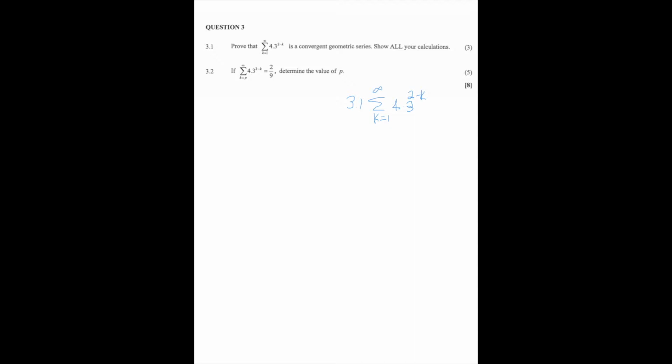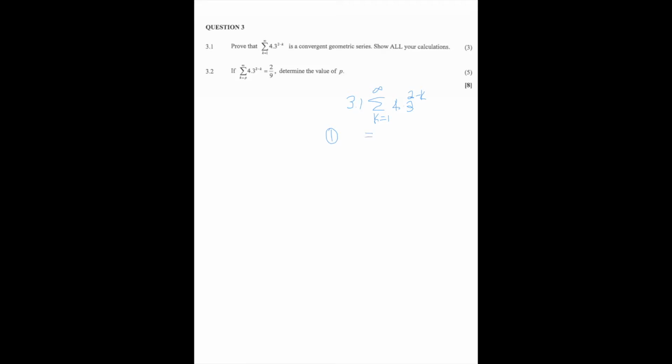There are two ways in which you can show that this is a convergent series. The first way, we can start by just expanding and showing the values from the series.